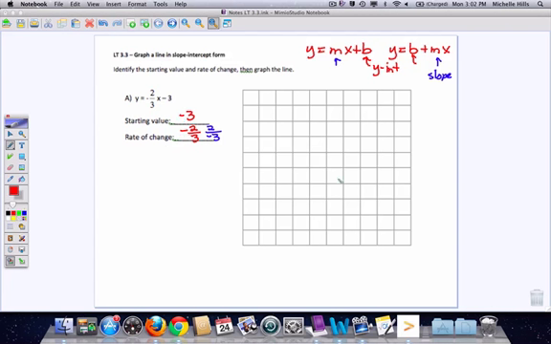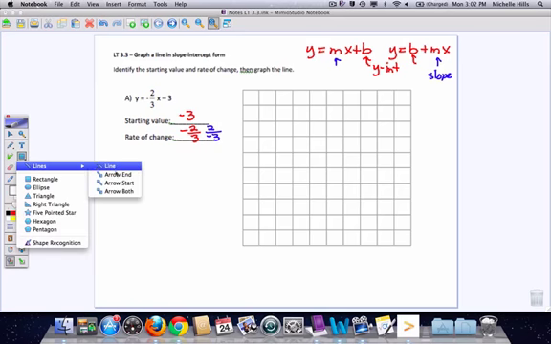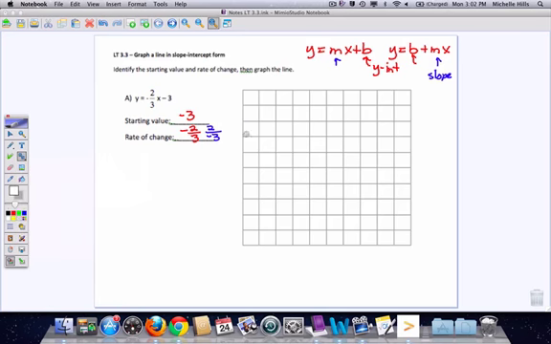So before I put my axes on my graph, I need to think of where to put them. I know I need to go to -3, and if I use this as my slope, I need to go down 2 more before I go to the right 3. So I'm going to need to make sure I can get all the way over to +5 when I'm doing this. Now, I have to do mine this way.